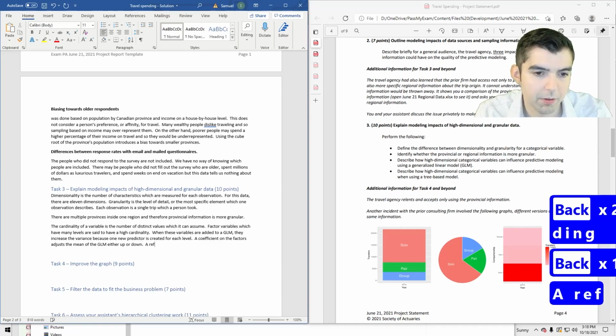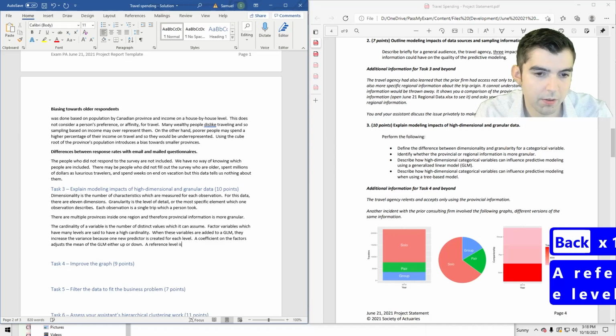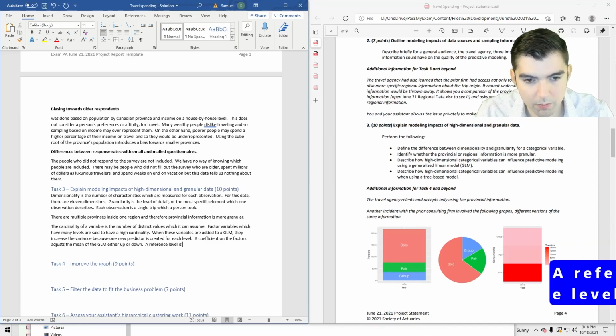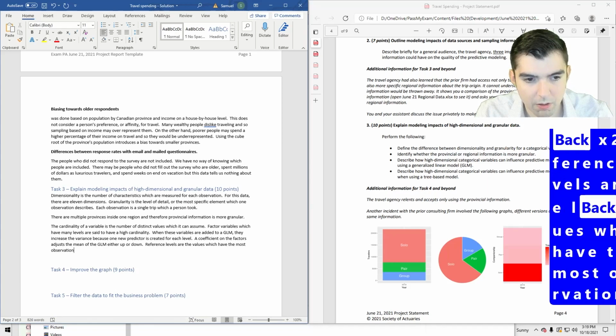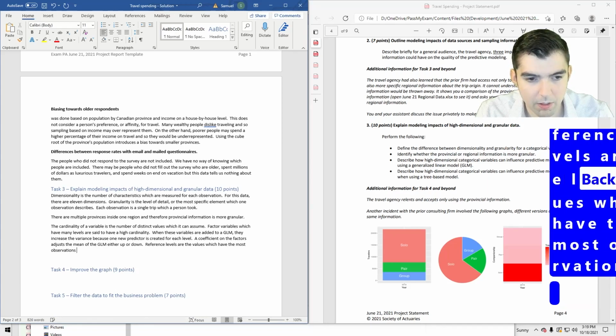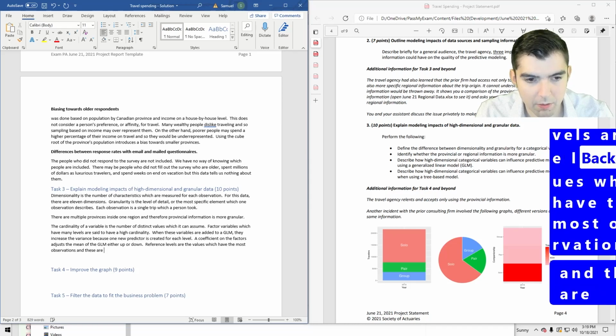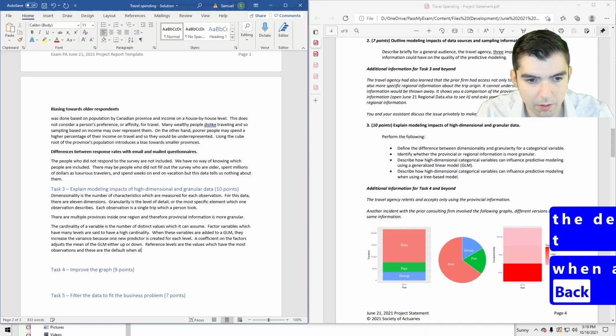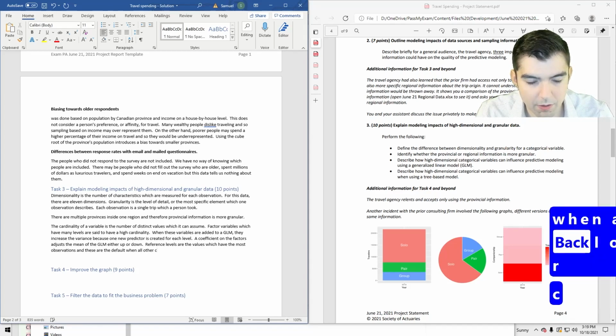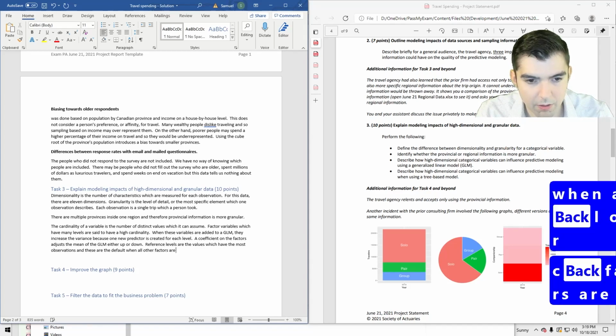A reference level is... reference levels are the values which have the most observations, and these are the default when all other coefficients, other factors are 0.